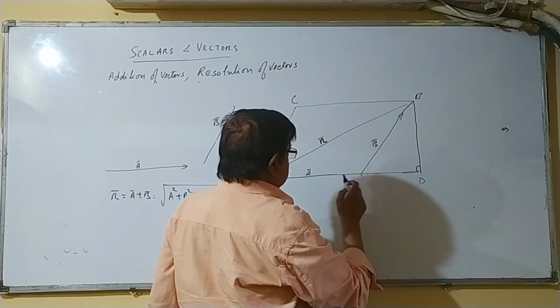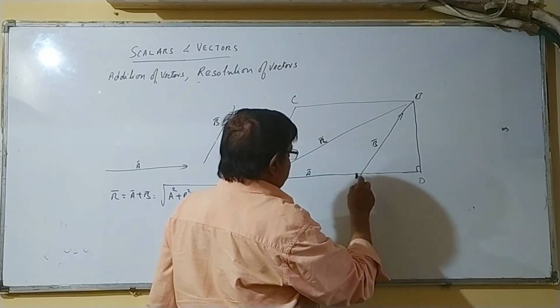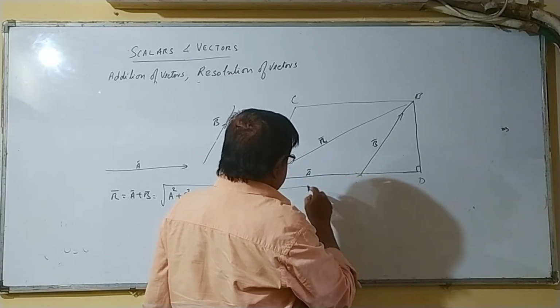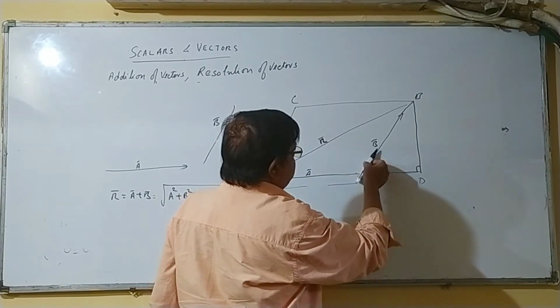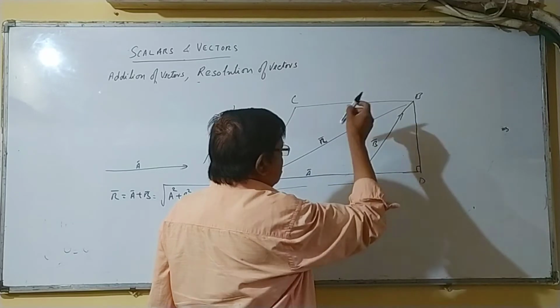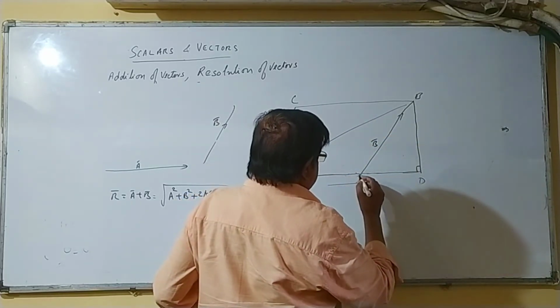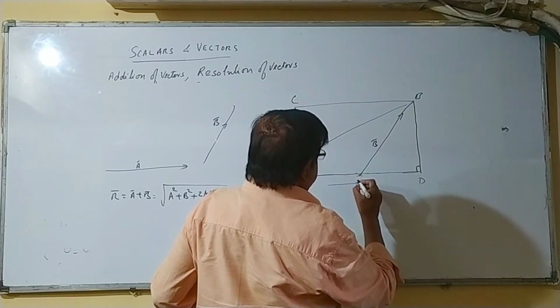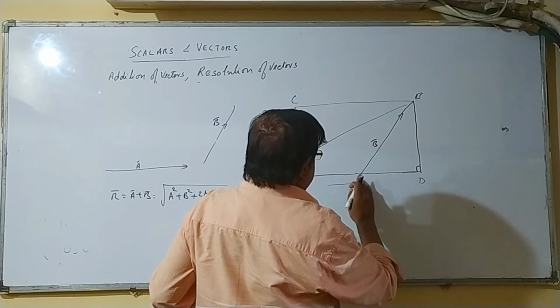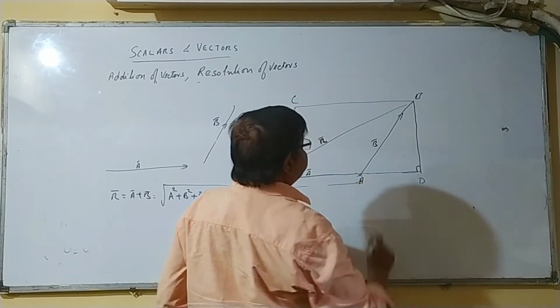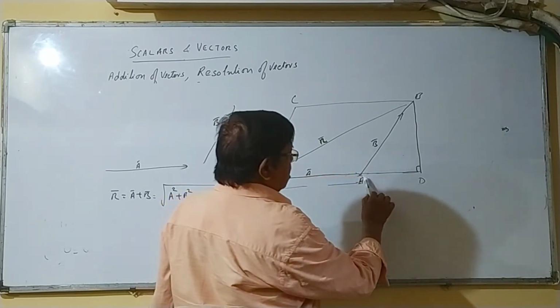This is vector A coming from here to here. This is vector B, this is the resultant vector. Now, how do you get it? This point is B, so this point is A. How much is AD?